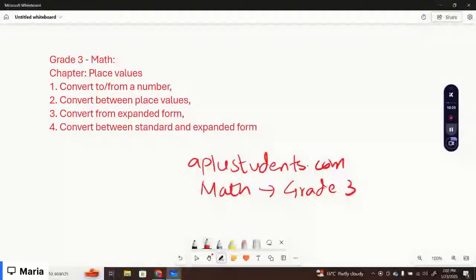We're going to start with the chapter place values. The lessons we're going to cover today are convert to from a number, convert between place values, convert from expanded form, convert between standard and expanded form.